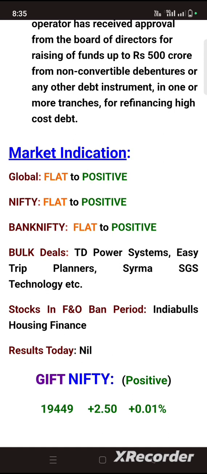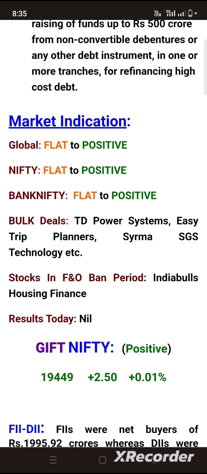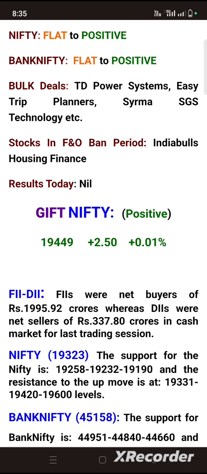Here you can see bulk deals like TD Power Systems, Easy Trip Planners, CRM, SGS Technologies, and stocks in the F&O ban period. Everything you will get, like Gift Nifty. You might know, if you are a regular, active trader, that SGX Nifty has changed its name to Gift Nifty.